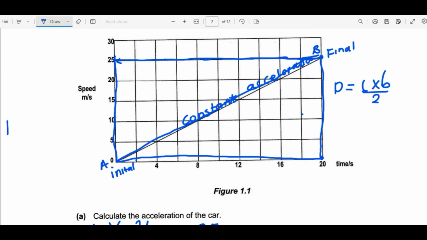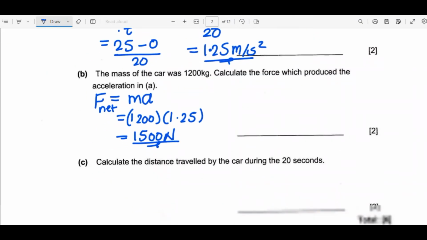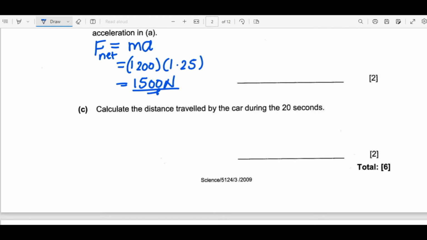Thus the formula: distance is equal to half BH. The B is just the time, in our case from 0 to 20 seconds. Then the height is this distance here. Whenever you look at the formula for a triangle, it is given by half BH. So a triangle is just half of a rectangle. If you want, you can find the total area of the rectangle, then divide by 2, and you still get the same answer.